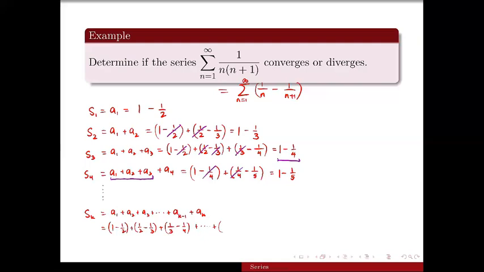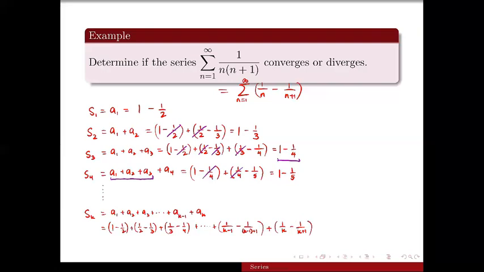At k minus 1, you will have 1 over k minus 1 minus 1 over k minus 1 plus 1, correct? K minus 1 plus 1. And then your A sub k will be 1 over k minus 1 over k plus 1.